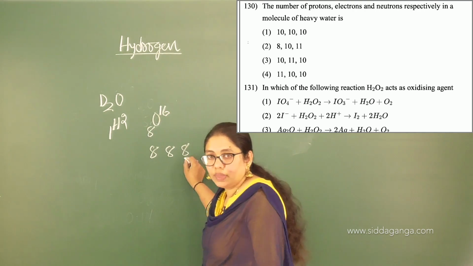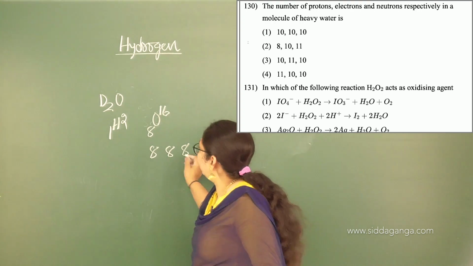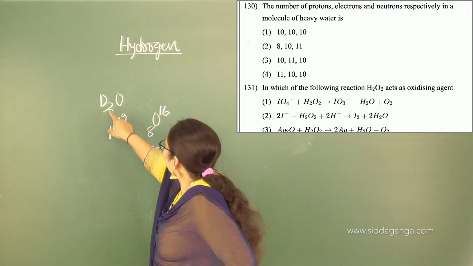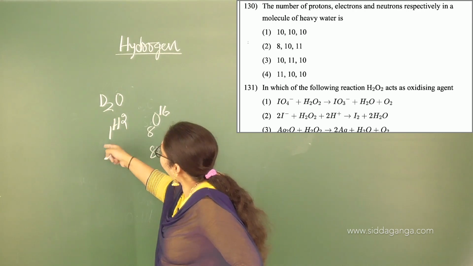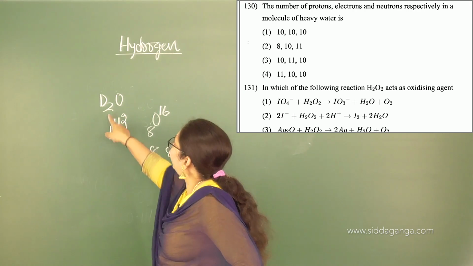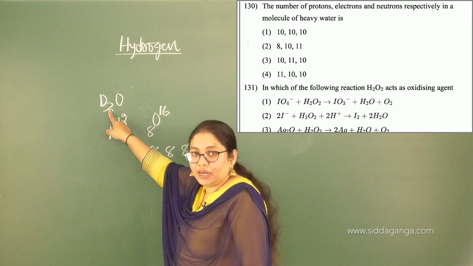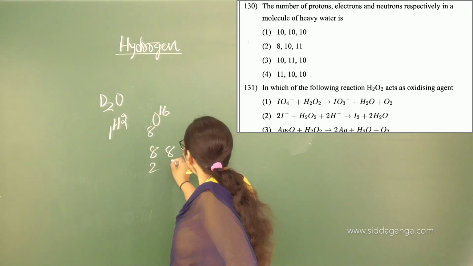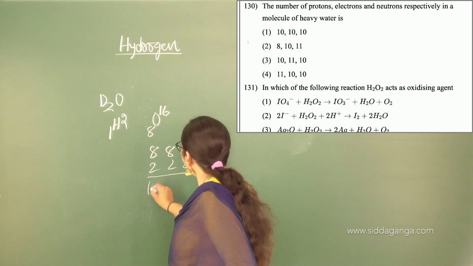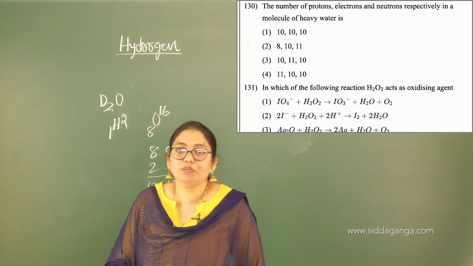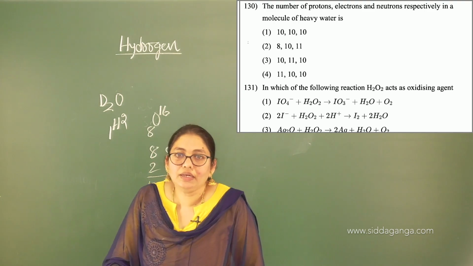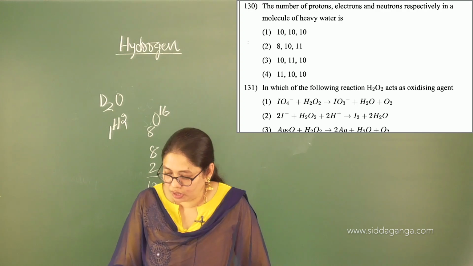From 1 deuterium we get 1 proton, 1 neutron, 1 electron, and there are 2 deuterium atoms. So 8 plus 2 is 10 each: 10, 10, 10. The answer for this one is option number 1. So this is how you can calculate.